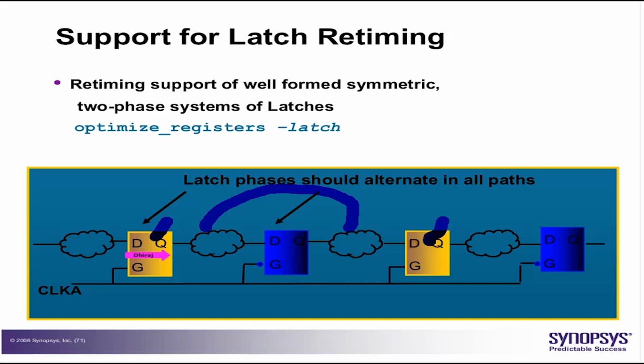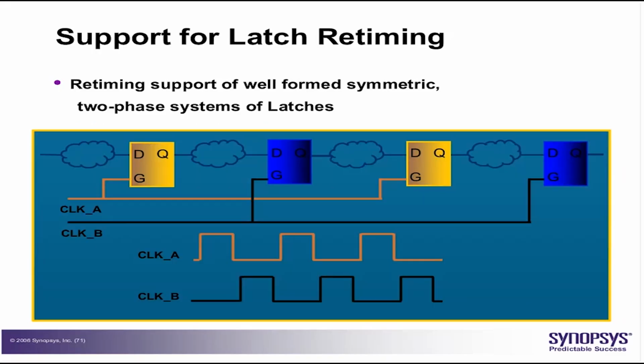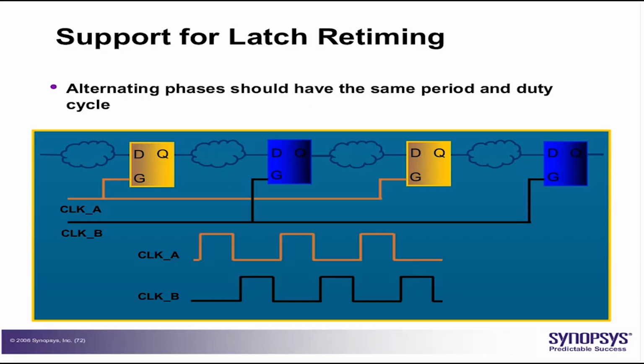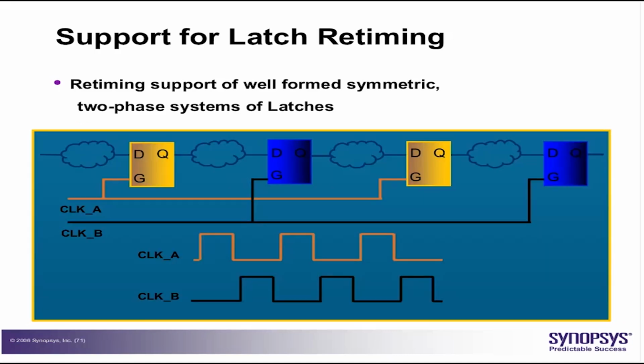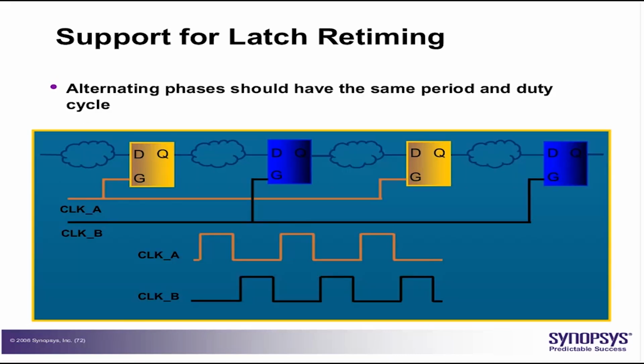So what happens when these two are of different polarities is that this latch behaves as a combinational element. In case there are two different clocks, they should have alternate phases. If there is the same clock, then they should have opposite polarity.